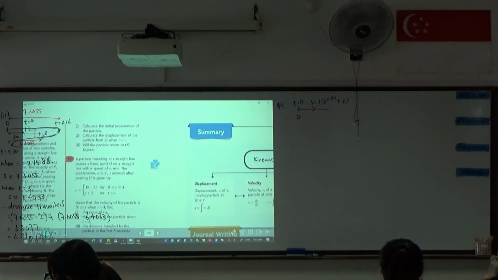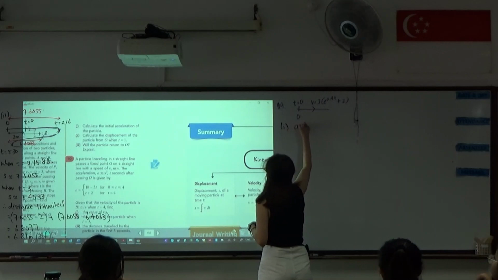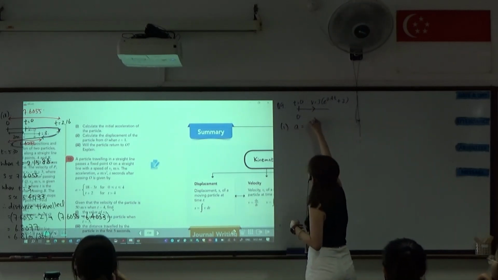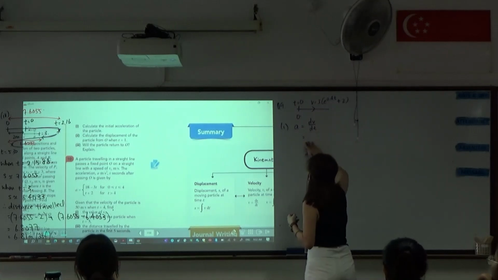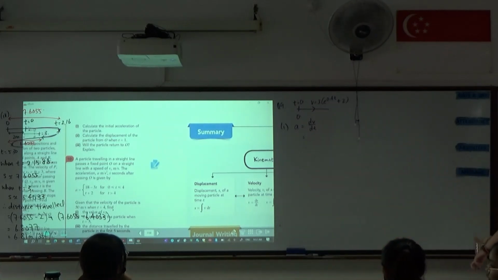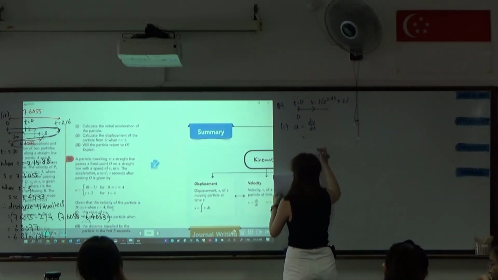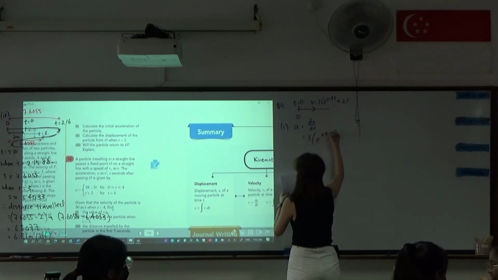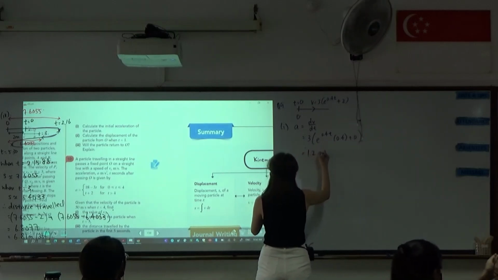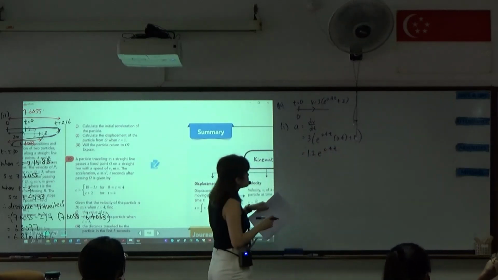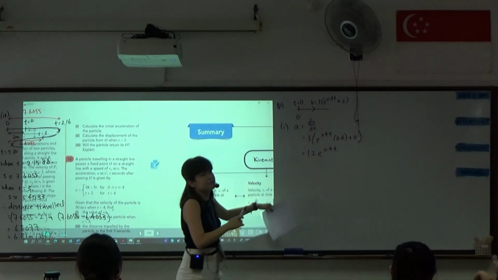Then in part 1, we want to find out what is the initial acceleration. So we need to find the acceleration expression, and that can be done by differentiating your velocity. Otherwise you can expand your velocity first, then do a differentiation.